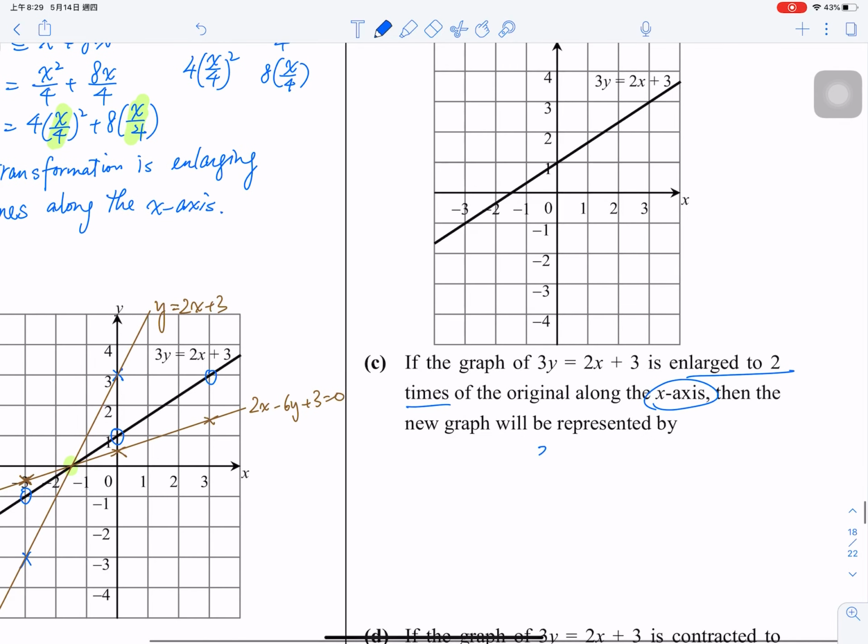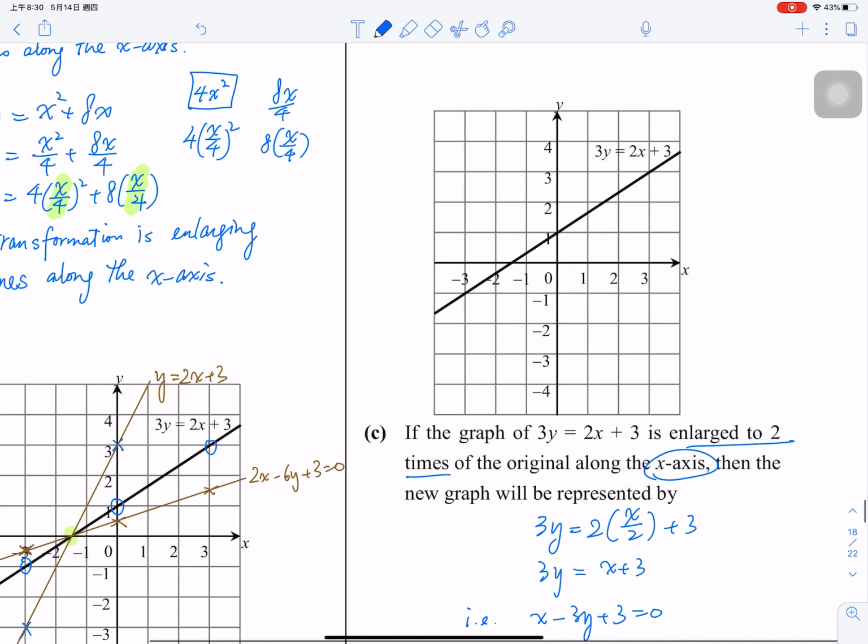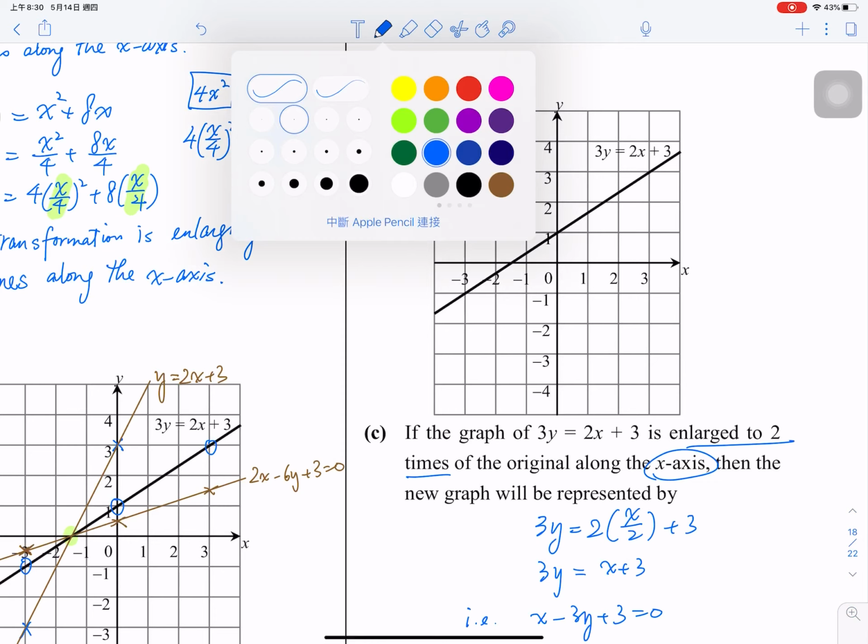So this time it affected x, so substitute x over 2, right? Correct. So you see that 3y equals x plus 3, or say that x minus 3y plus 3 equals 0. So just try to sketch it.